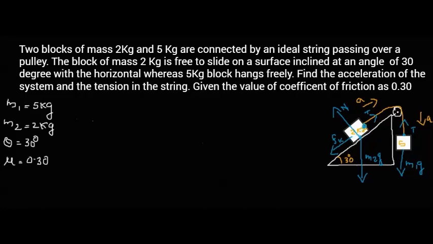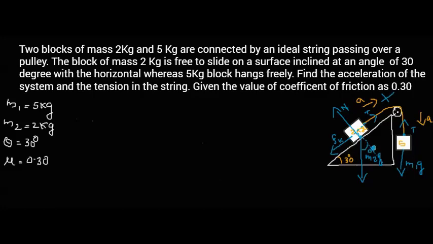So once we have drawn all the forces acting on the object, we have to check whether all the forces are acting along the x direction and y direction. So for this particular object I am considering the coordinate system lying along this direction. That is my x is parallel to the inclined plane and y is parallel to the normal reaction. So I can find the normal reaction is along y direction, the frictional force and the tension are along x direction, but m2g, the weight of the object, is not along y direction or x direction, but instead it is making a particular angle theta.